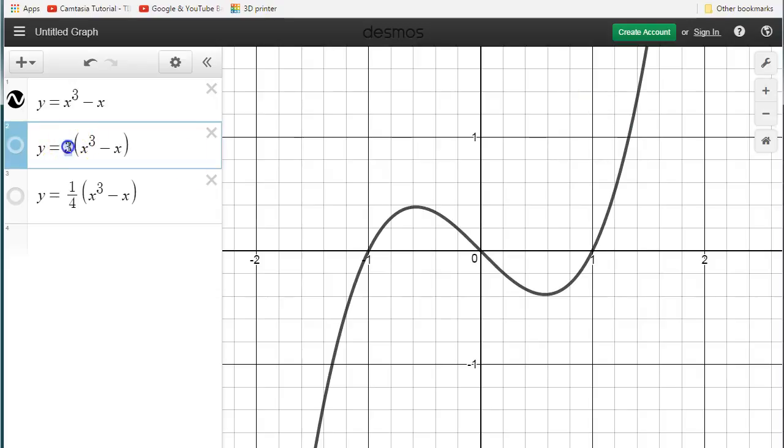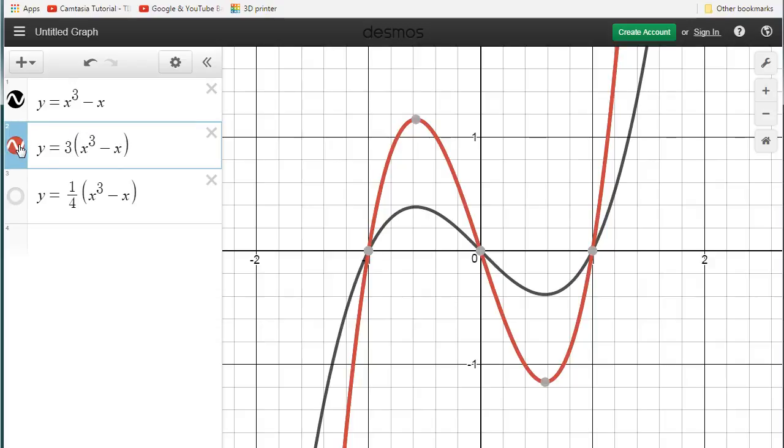Okay, in our first sample here, I am multiplying on the outside by a value that is greater than 1. So this is going to give the effect of stretching it vertically. Okay, let's turn it on. Ooh, there it is.